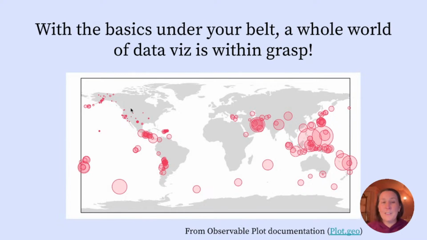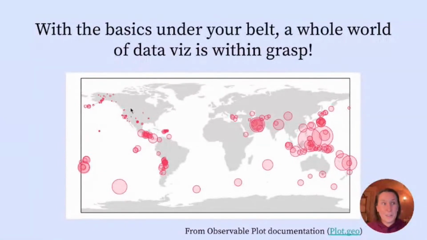And that's why I wanted to show you all an example of creating a map with Observable Plot. Now that you have, after sessions 1, 2, and most of 3 now, the basics of building Observable Plot charts under your belt, there is a whole world, in this case, literally, of data visualization that is now within your grasp.